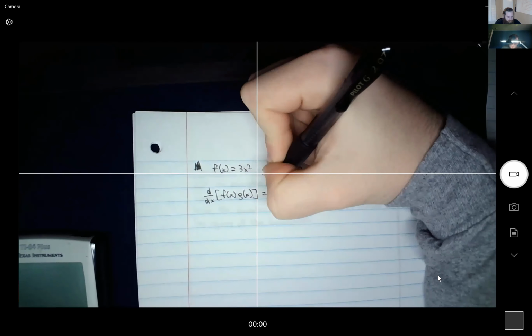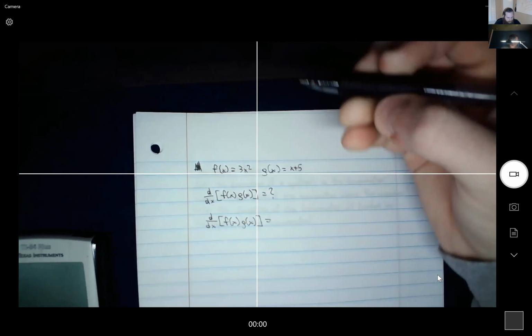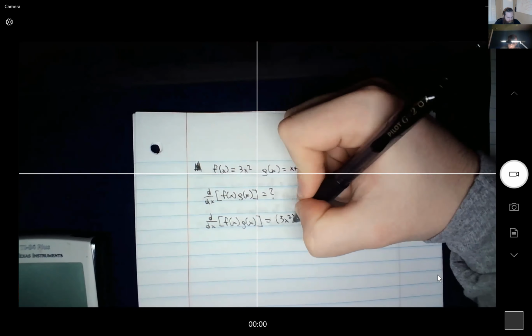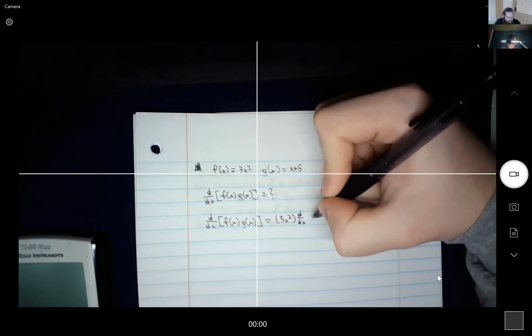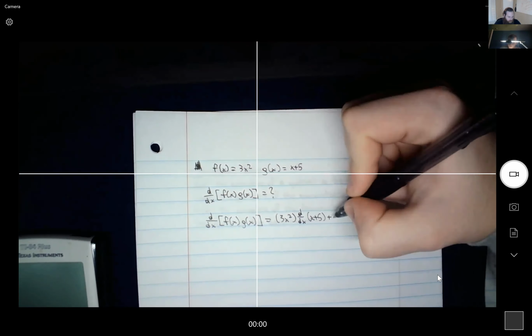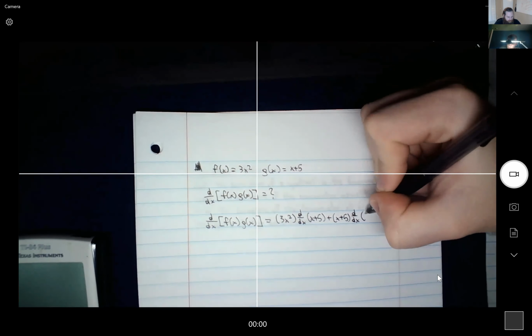So what is the derivative of f of x times g of x? To set it up, it's going to be the derivative of the first, 3x squared, d over dx, times the second, which would be x plus 5, plus the derivative of x plus 5 times 3x squared.